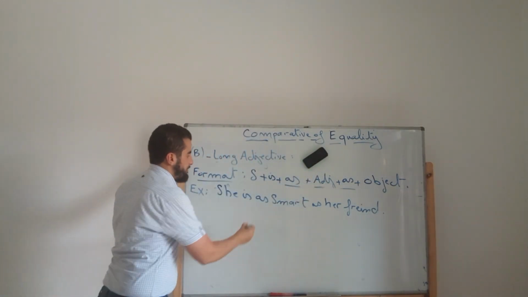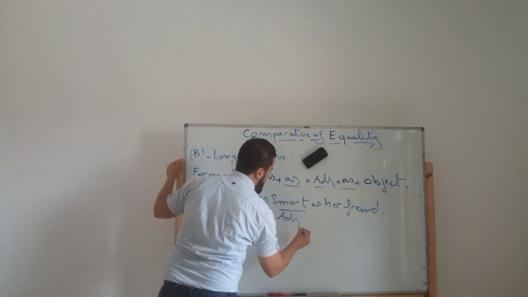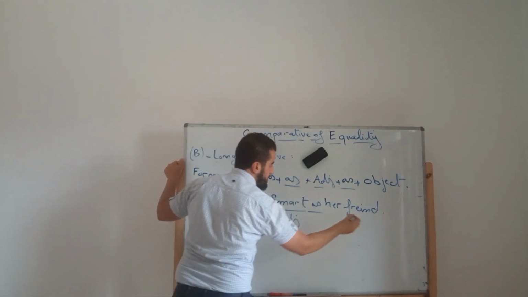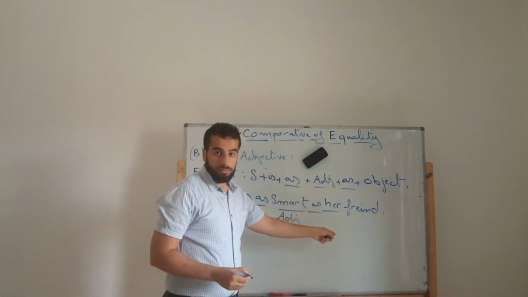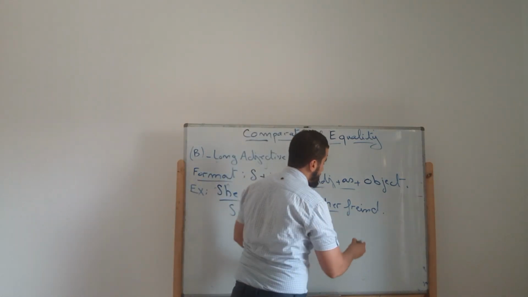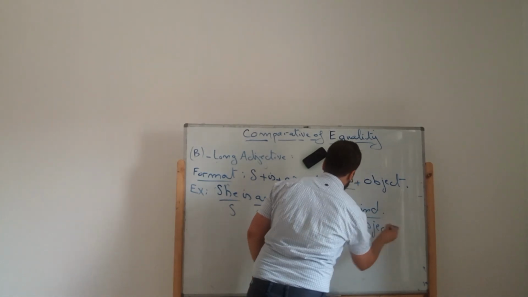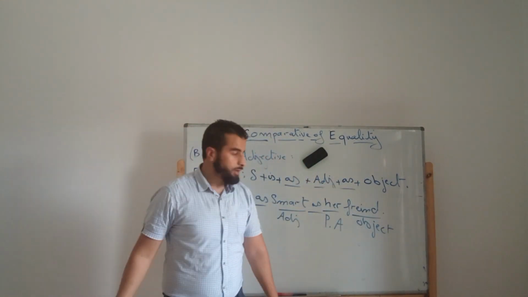Right? So we have as, smart the adjective, and then another as, and her is a possessive adjective, and her friend is the object. Right?